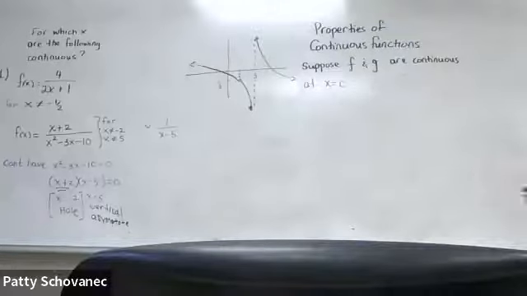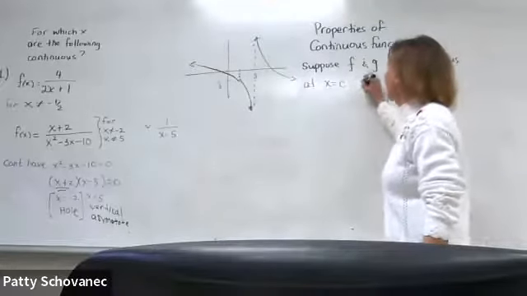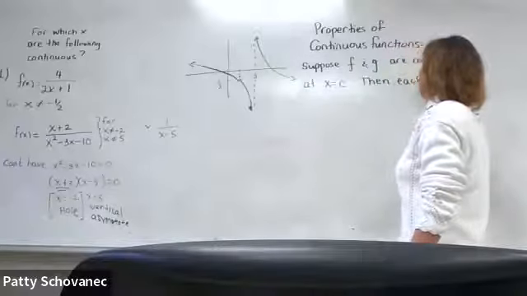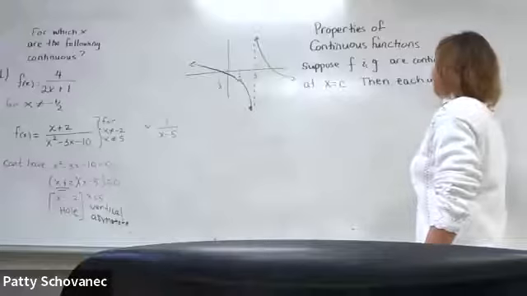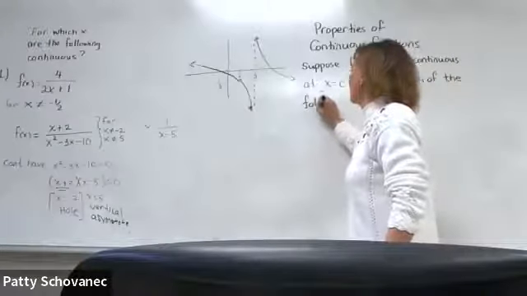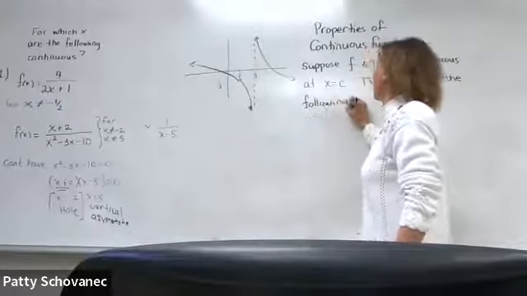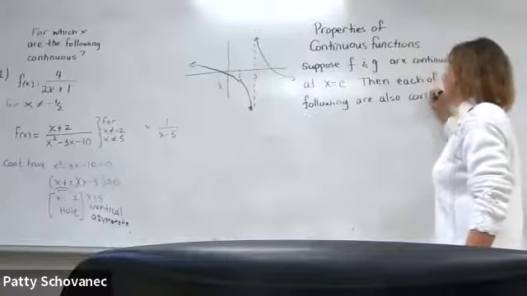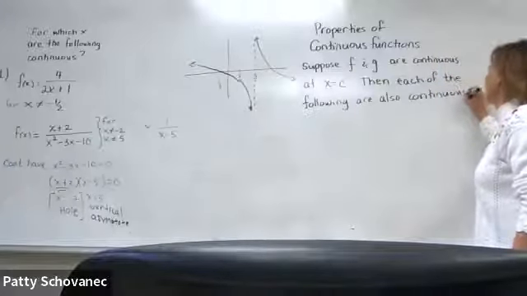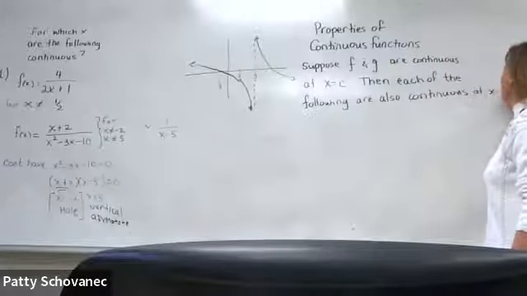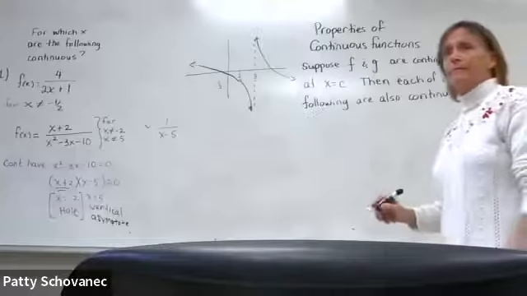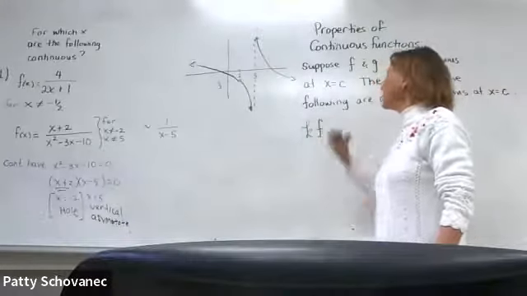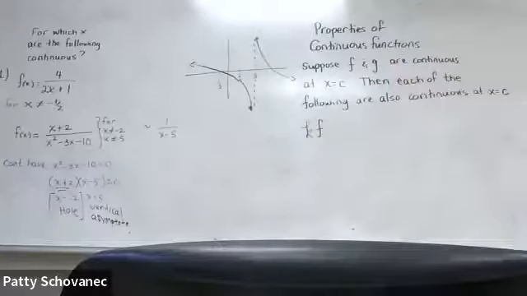Then each of the following are also continuous at x is equal to c. Any number times the continuous function would be continuous at x is equal to c.